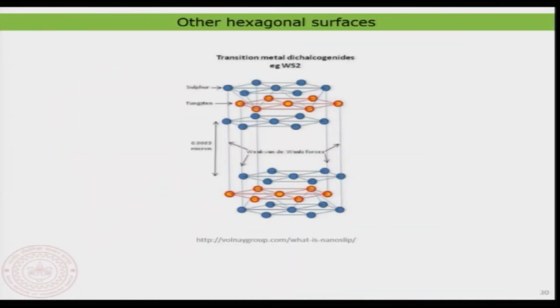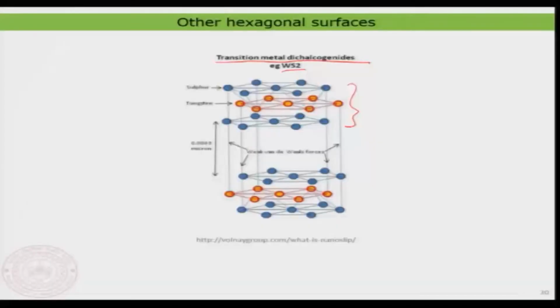Now there are also a couple of other examples of hexagonal lattices. The most famous ones are the metal dichalcogenides, tungsten disulfide as an example. There also you can see the whole thing looks like a hexagon, where the adjacent layers are displaced by a given atom, exactly like what we have seen in the case of graphite.